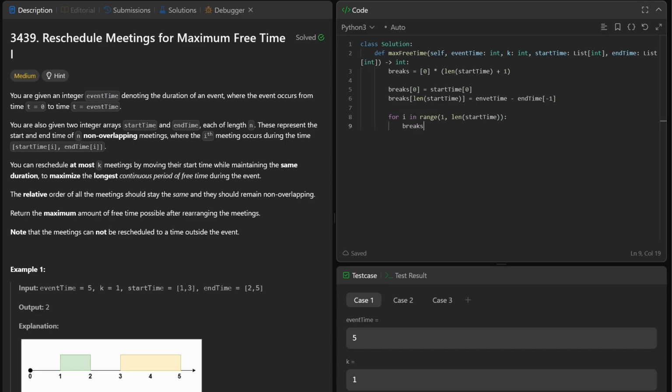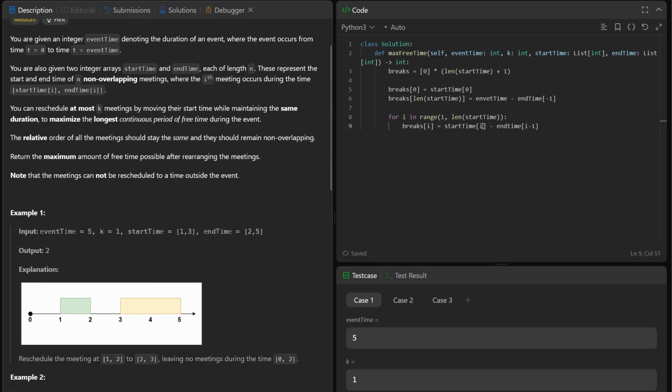So all we need to do is breaks I is equal to start time I minus end time I minus 1. And again, that's pretty intuitive. The start of this meeting, the gap between the previous is that end time I minus 1. So when the meeting before it ended, that will give us the gap, that difference there.